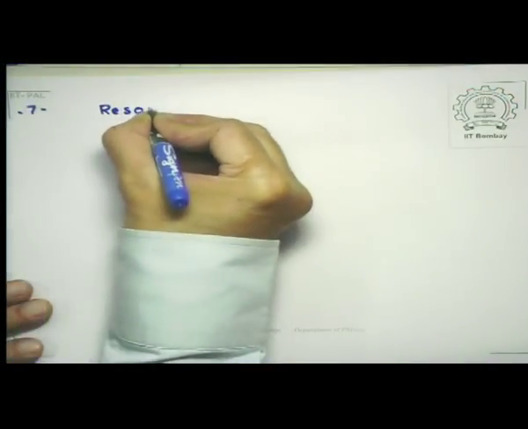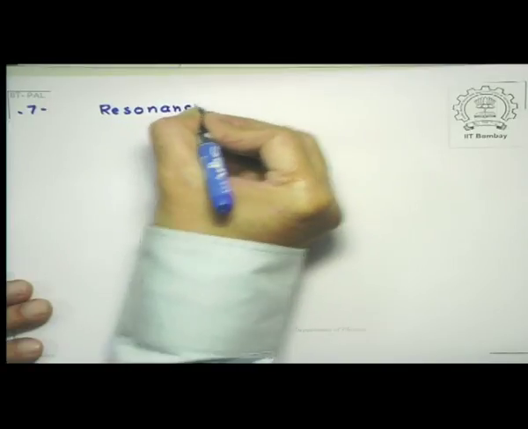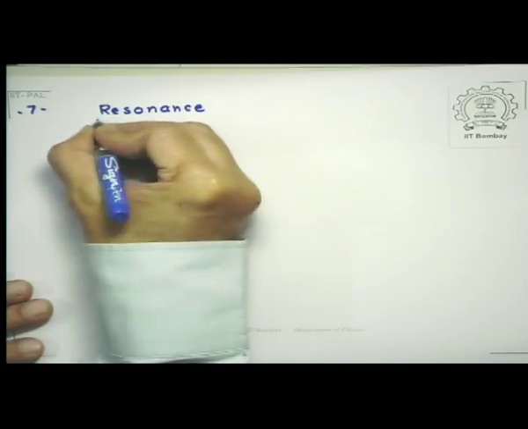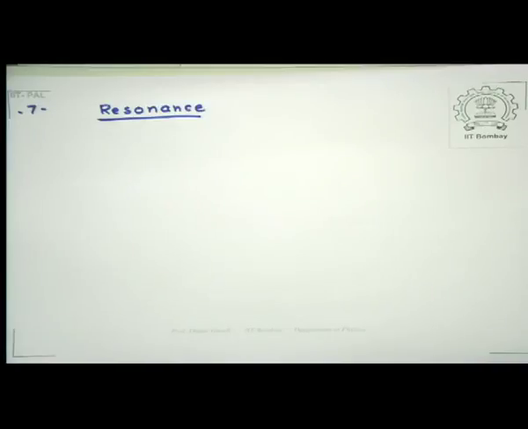Now, let us look at an interesting property of the LCR circuit, and this is known as resonance. The phenomenon of resonance you have come across even in mechanical systems, for example, a driven pendulum. We know that when the driving frequency equals the natural frequency of the system, then the amplitude rises substantially.